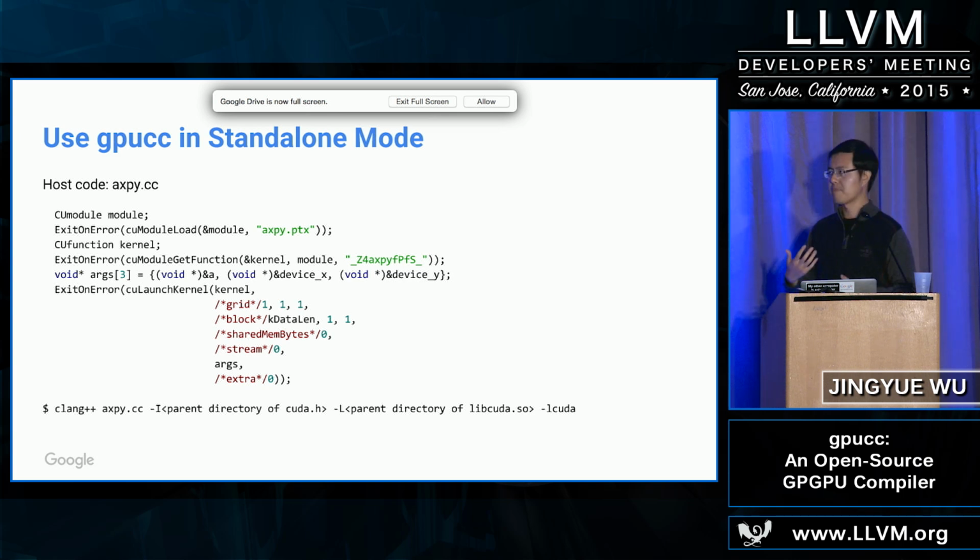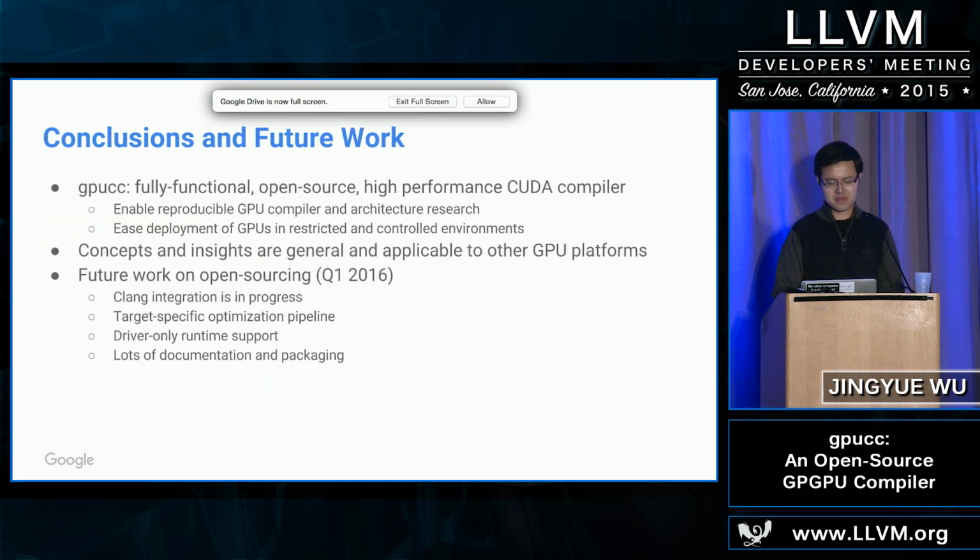I will have a documentation page on this, and once the Clang integration is done and can be used, I'll update the page and let you know by any means. All right, so with that, I'm open to your questions.